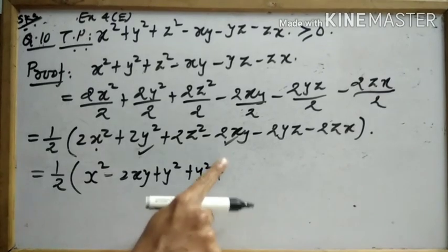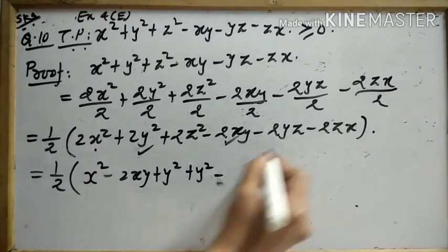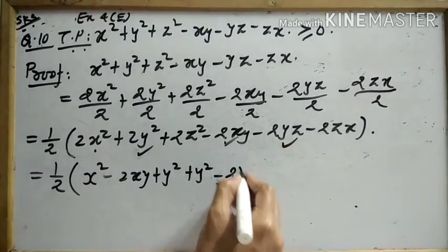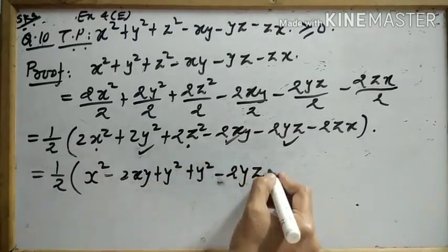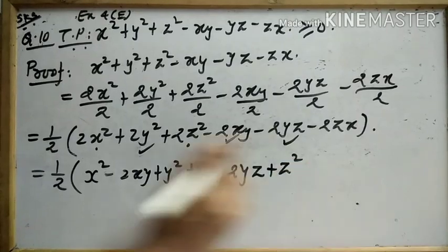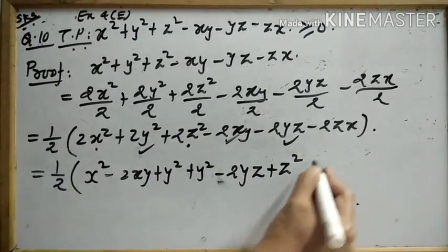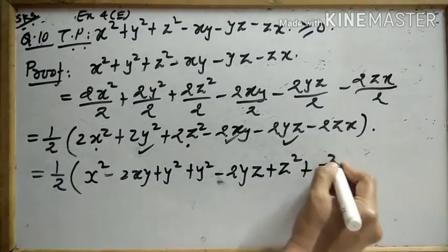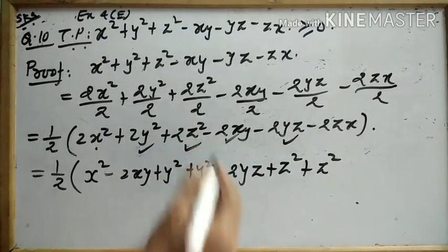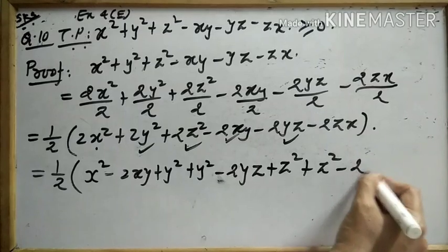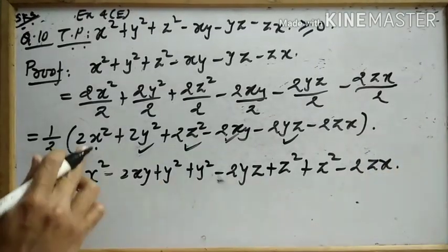Plus, sorry, I'll be taking one term from here, negative 2yz. Out of 2z square, I'm utilizing 1 z square over here. So 1 z square is utilized. Plus z square plus z square, 2z square is utilized, minus 2zx, and 1 x square was left out.